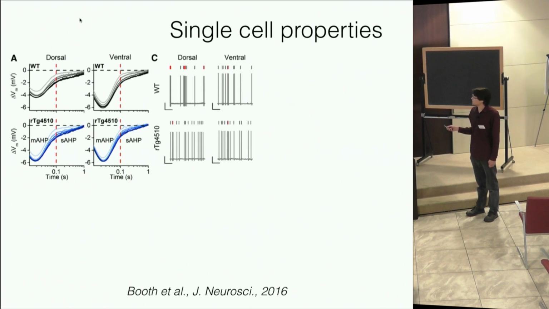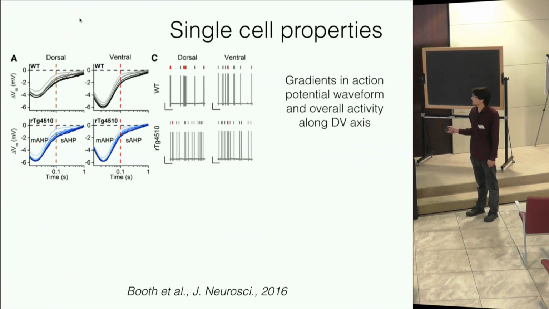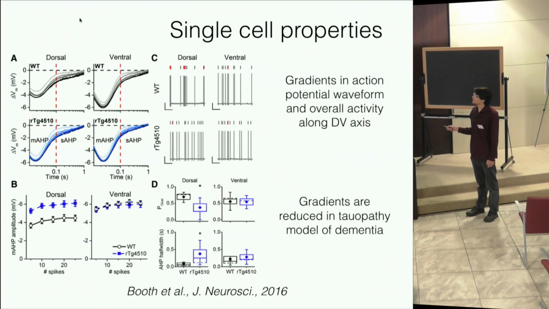And what you see in these cells is that this gradient is essentially abolished. The firing activity at the dorsal end now looks pretty much exactly the same as the ventral end. You can see this here: the blue is the transgenic, the black is the wild type, and here it's plotting some AHP amplitude, and here is the more important thing for us. You can see that this gradient from dorsal to ventral is effectively abolished.